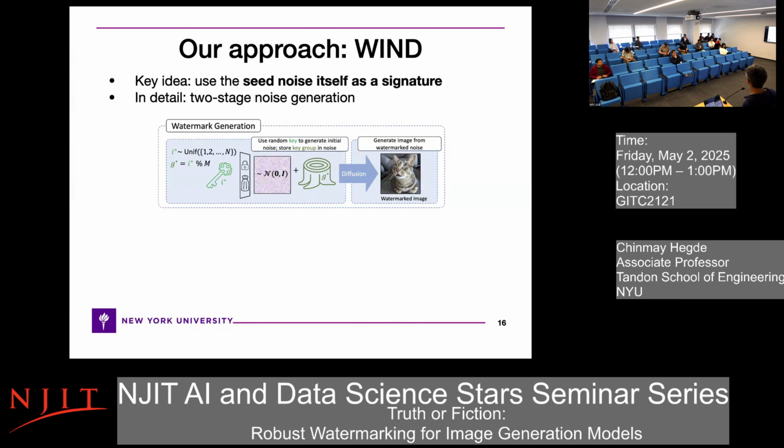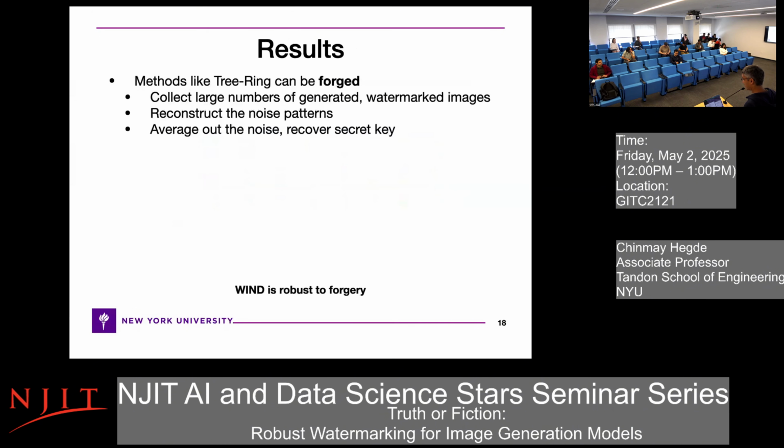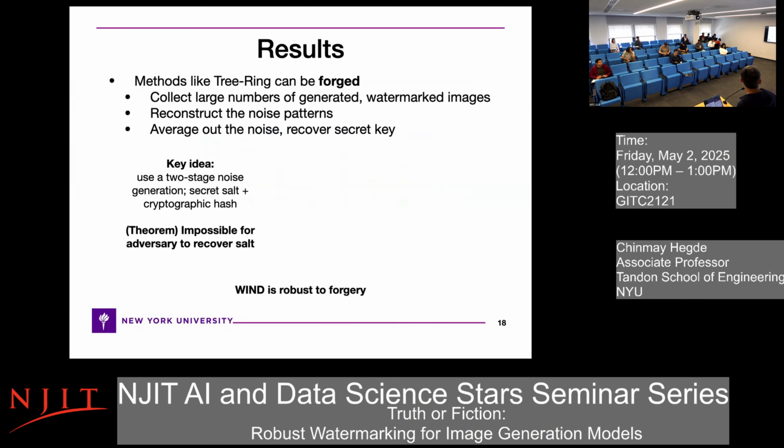This kind of two-stage scheme is common in randomness amplification problems. And this enables us to achieve our robustness guarantee for forgery. This hashing scheme that we used makes it impossible for the adversary to recover the salt. Hopefully that gives some sense of why we do this.